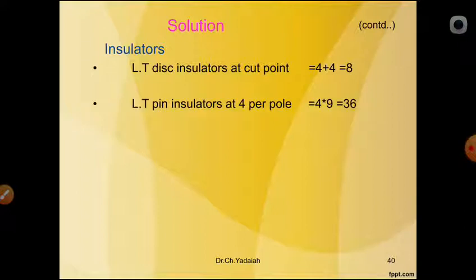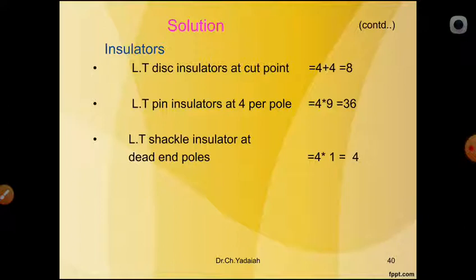Now LT pin insulators, normal pin insulators for R phase, Y phase, B phase and street lights: we get 4 insulators for each pole. How many poles? Total 11 poles. At the end and at the corner we remove those for the strain insulators, shackle insulators. Remaining is 11 minus 2, so 9 into 4, that is 36.